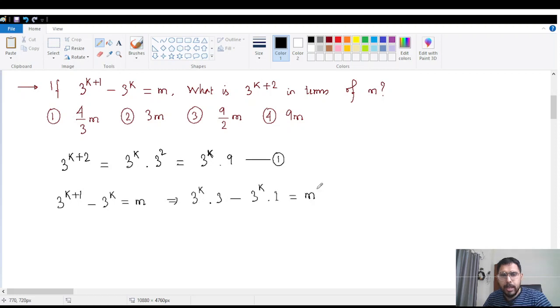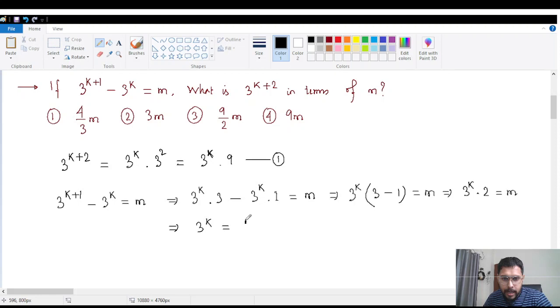Now I can take 3 to the power of k as common. Here you get 3 minus 1, and that is equal to m. So 3 to the power of k times 2 equals m. Finally this gives me the value of 3 to the power of k in terms of m, which is m over 2.